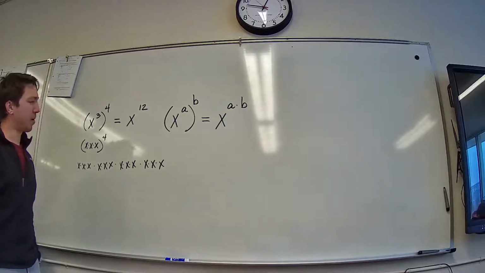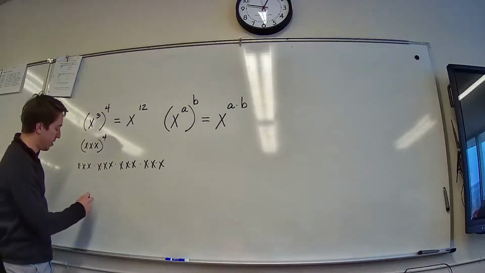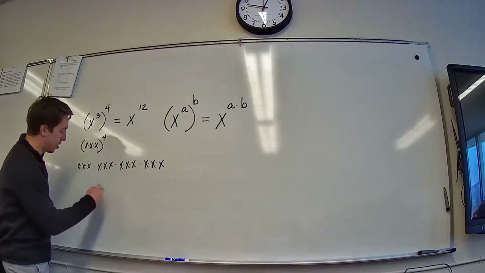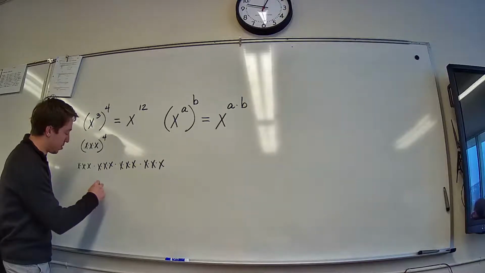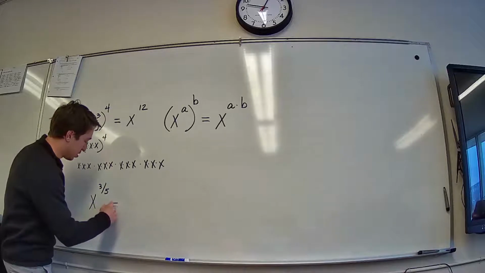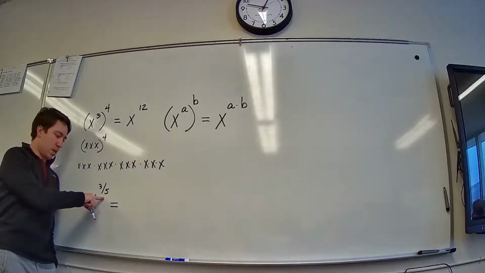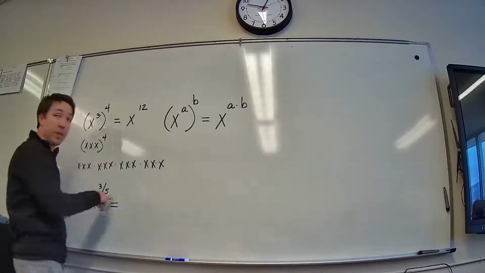But okay, one more thing. Let's say I got x to the 3/5 power. What does that mean? There are 2 ways of rewriting it.